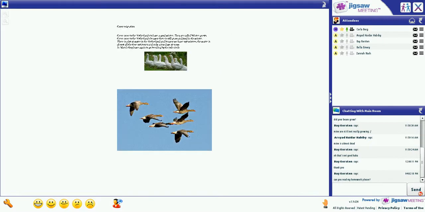It looks like the first one is goose migration. Whose was this? Okay, I will go ahead and read Bay's to all of you. It is goose migration. It says geese come to the Netherlands to have a good winter. They are called winter guests.